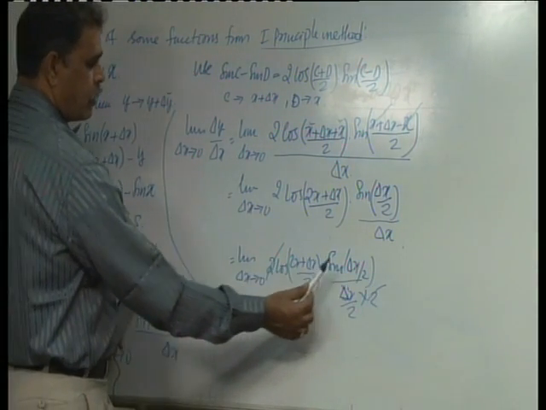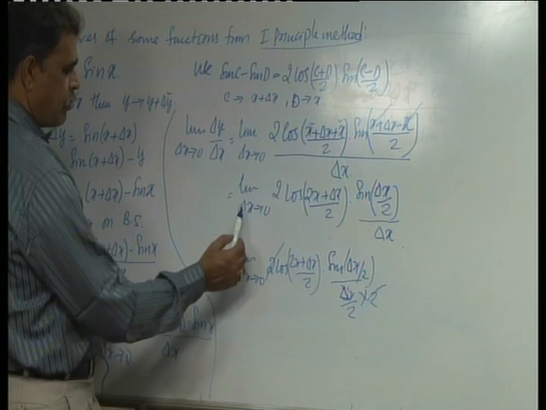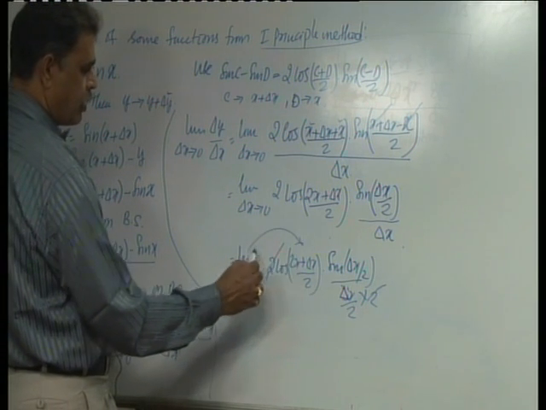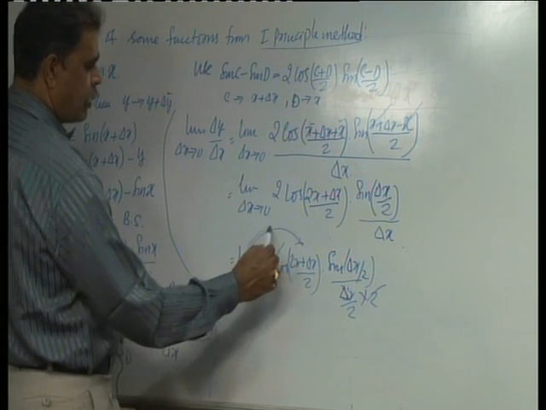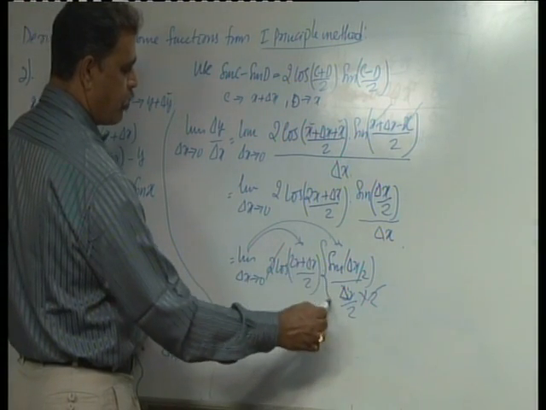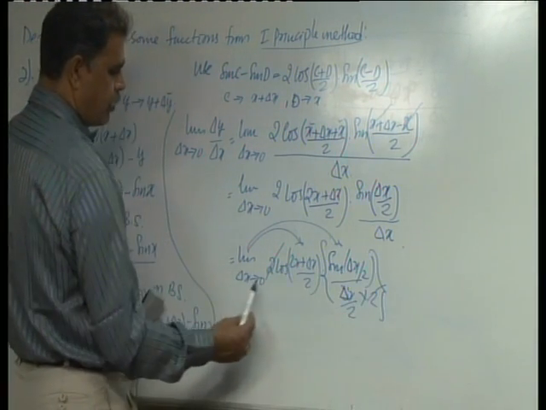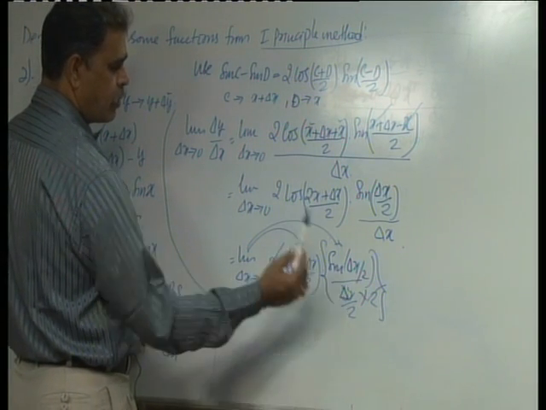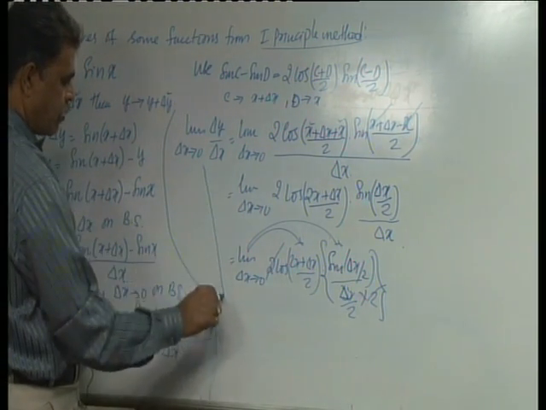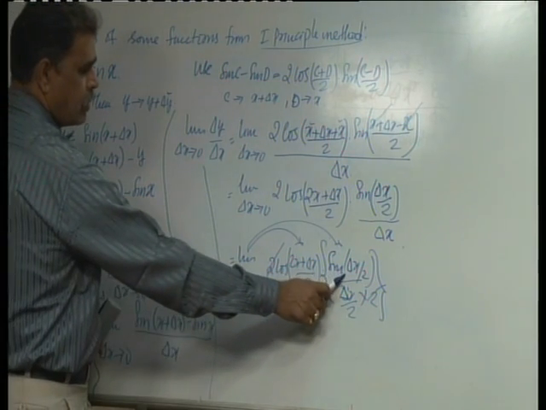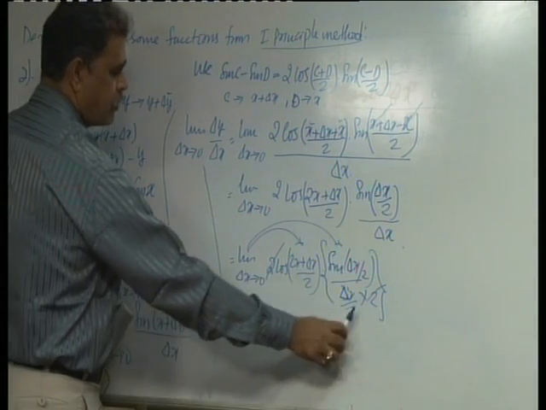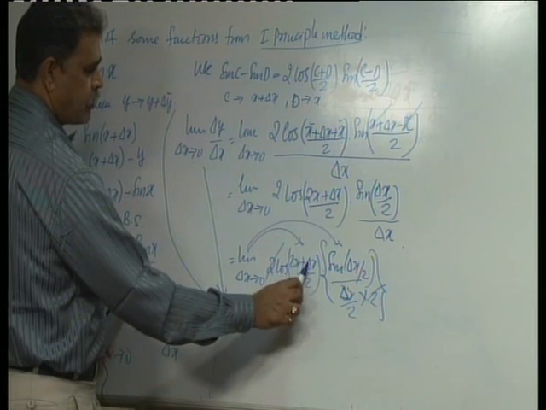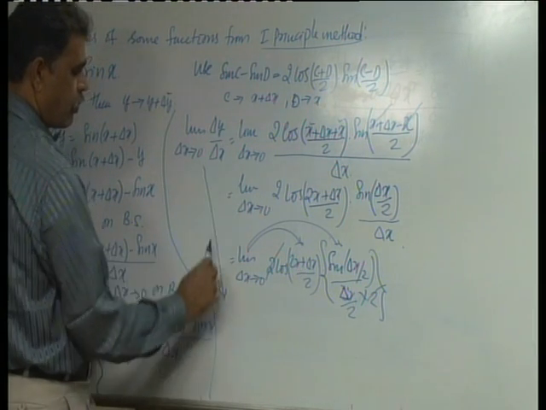For the product of functions, the same limit can be extended to both, isn't it? Limit of this, limit of this. So, this becomes the standard form as delta x tends to 0, sin of delta x by 2 divided by delta x by 2 becomes 1. On the right hand side, we apply the limit: this is 1 into cos of 2x plus delta x, which is 0. But what about the left hand side?